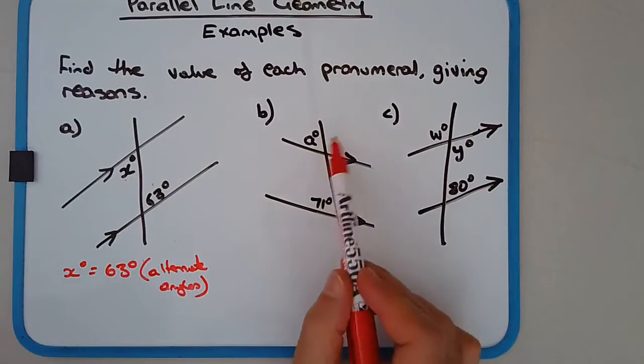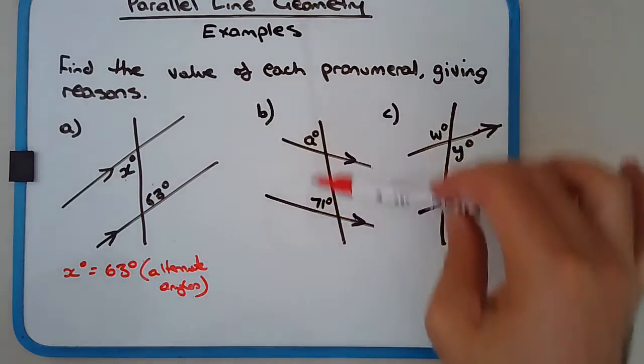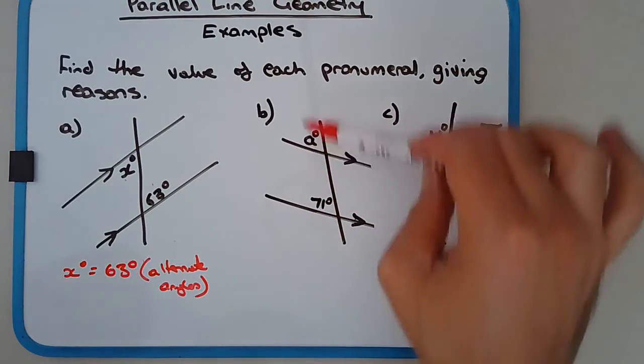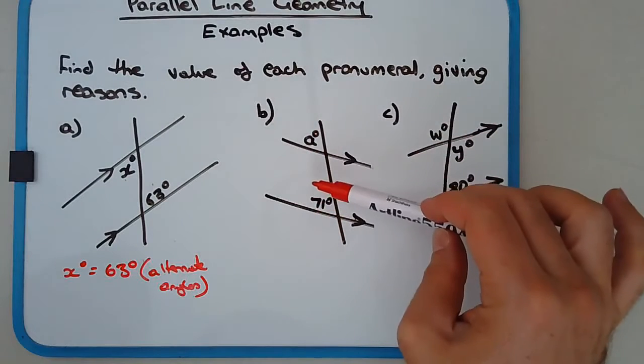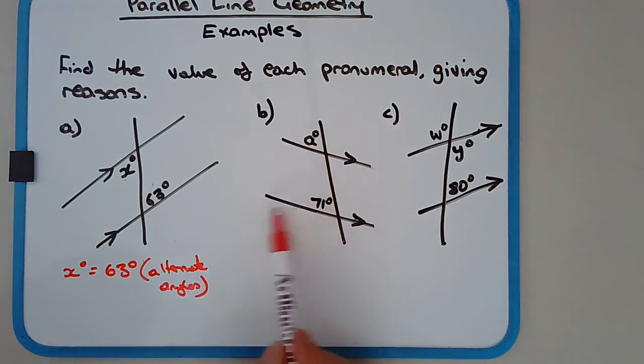What do you call angles that are on the same side of the transversal and also on the same side of their respective parallel line? The A degrees is above, so is the 71. A is to the left, so is the 71 degrees. So what do you call two things that are basically in the same relative position?